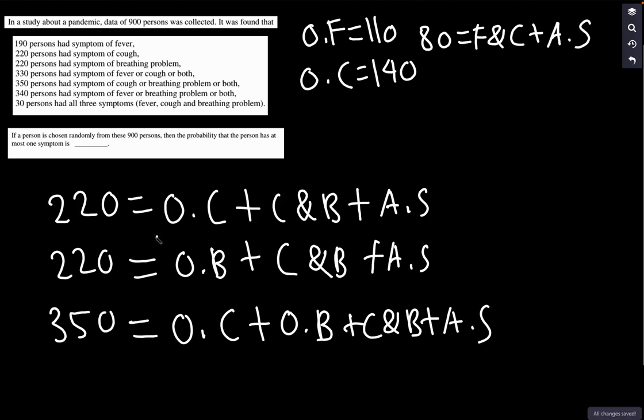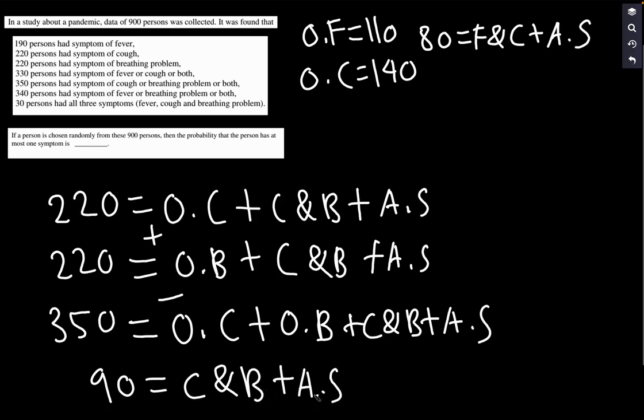Then, with the same logic, we add the first two equations and subtract the last equation. Then it becomes 90 equals cough and B plus all symptoms. And if we substitute the 90 back into the second equation, then only breathing will be 130.